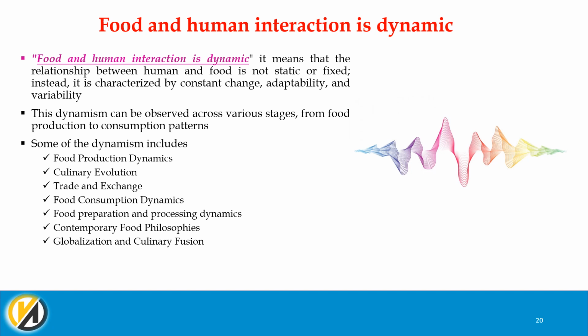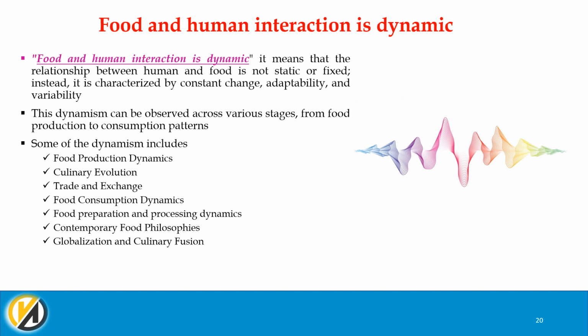Food and human interaction is dynamic. It means that the relationship between humans and food is not static or fixed. Instead, it is characterized by constant change, adaptability, and variability. This dynamism can be observed across various stages from food production to consumption.